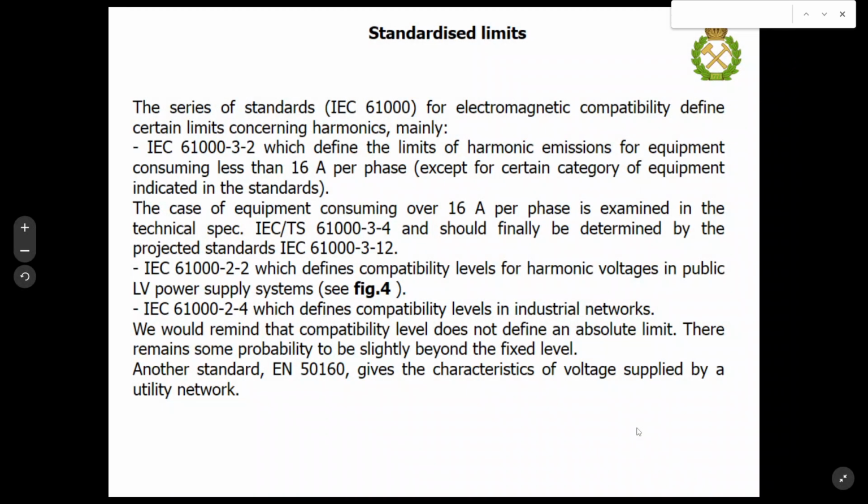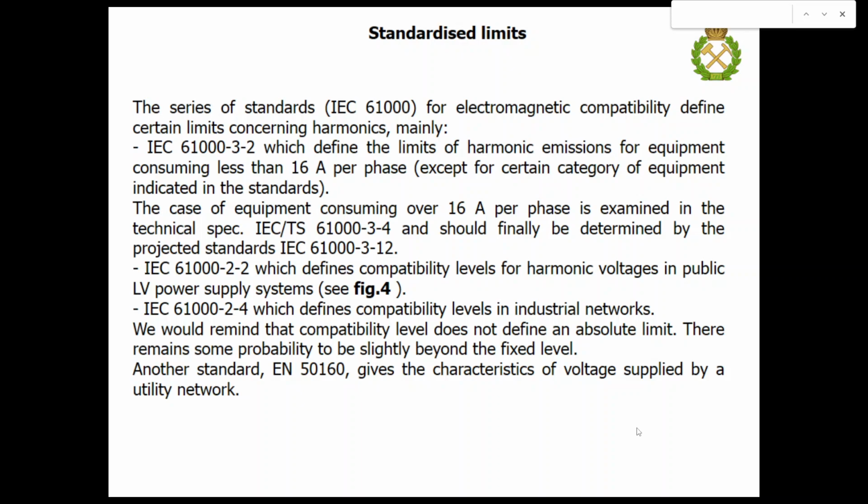And also, we should know some information about international standardized limits. We should consider some standards from the International Electrotechnical Commission. Here you may see the list of main standards for some technical areas.